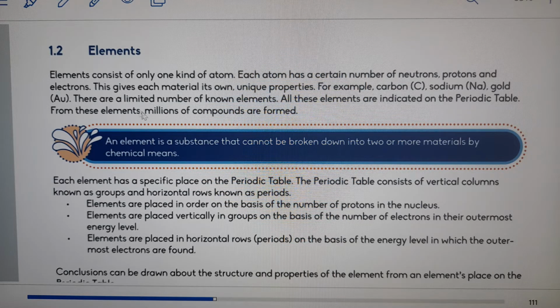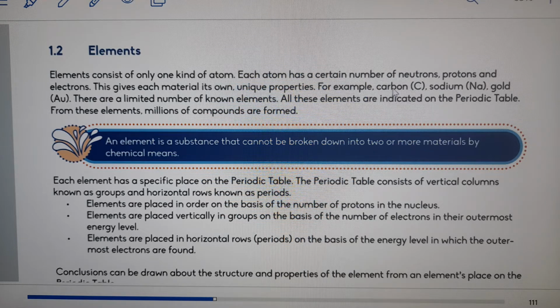Then we have electrons, surrounding the nucleus, and the electrons make up the volume of the atom. They are negatively charged. This gives each material its own unique properties.